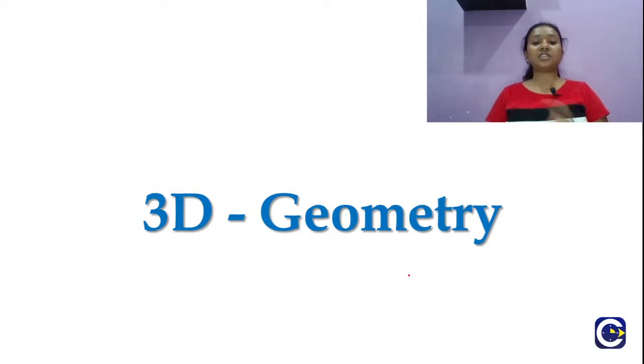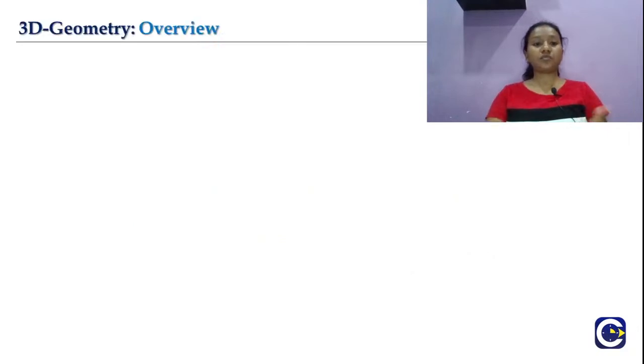Basically, 3D geometry will be a typical continuation of what we'll have in your 12th standard again. In our 11th standard, we have a very basic part of it, the typical introduction and one or two concepts, that's it.